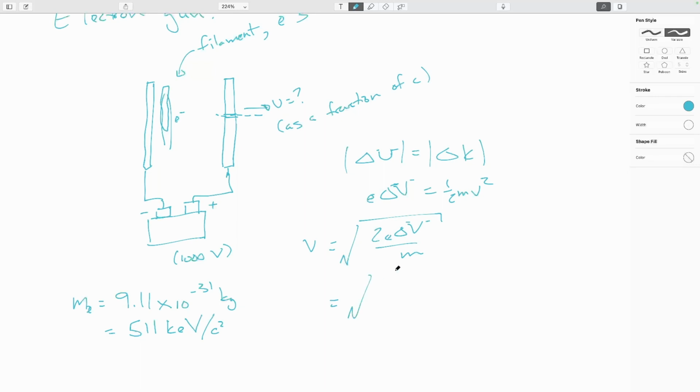Anyway, the whole point here is just leave this e here. We'll go ahead and put in our voltage difference. It's 1,000 volts. And then we'll write in my mass. I'll have to get the kilo out, so it'll be 511,000 eV per c squared.